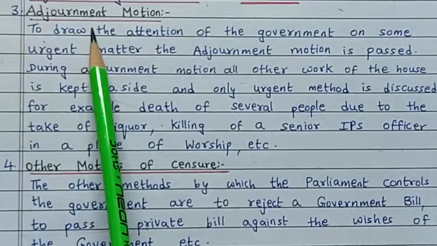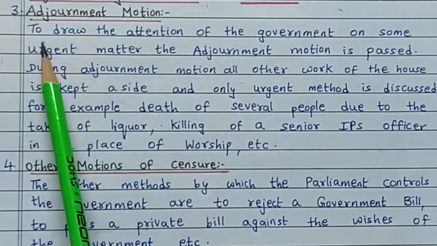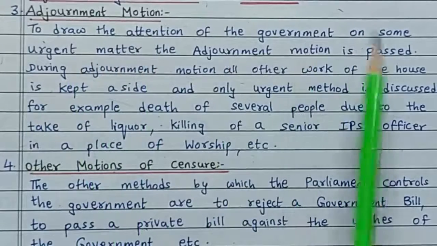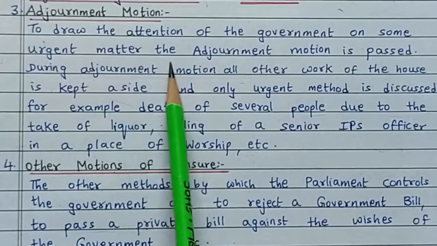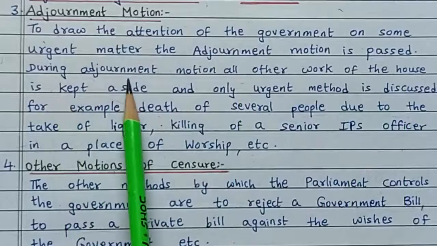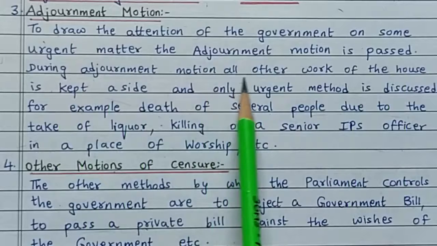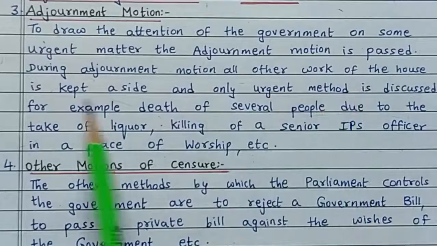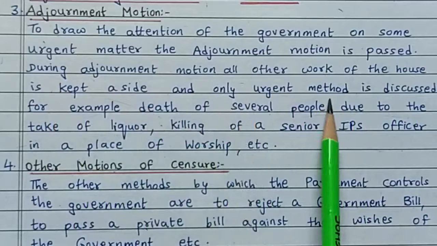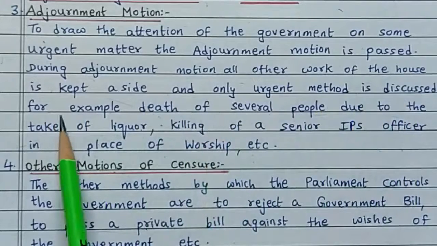Third, adjournment motion. To draw the attention of the government to some urgent matter, the adjournment motion is passed. During the adjournment motion, all other work of the House is kept aside and only the urgent matter is discussed.